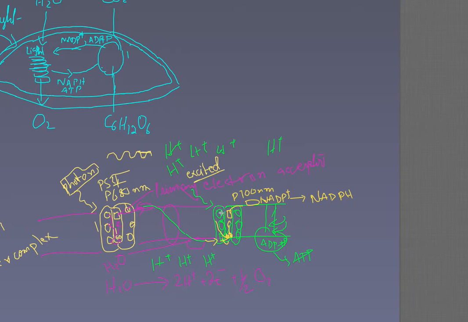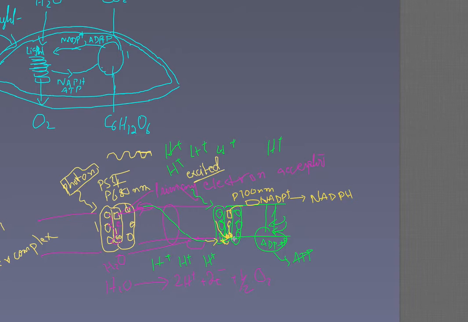It goes into the higher energy state, then lower and lower energy states, being transferred from one pigment to another, and as it strikes the P700 chlorophyll, it boosts the electron up, and it's accepted by this reaction center.